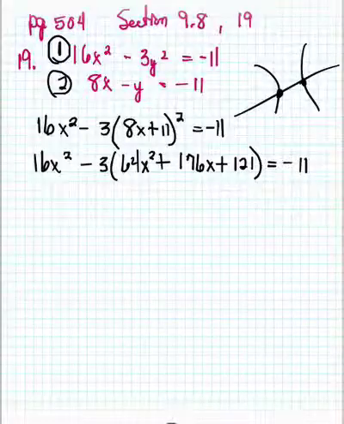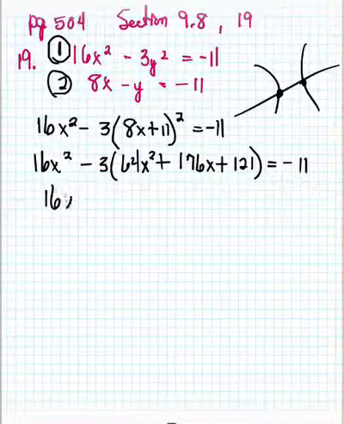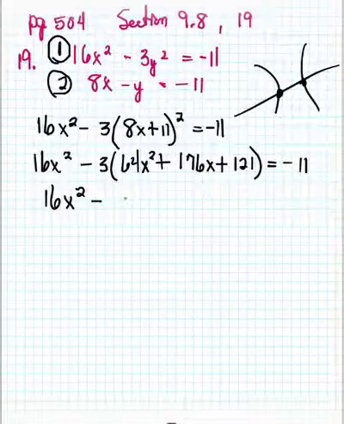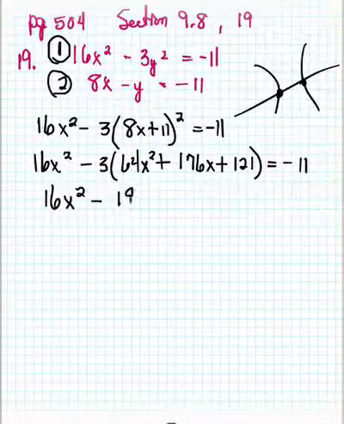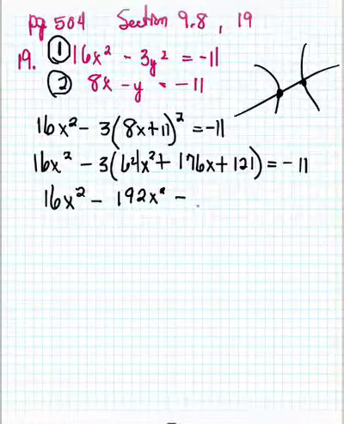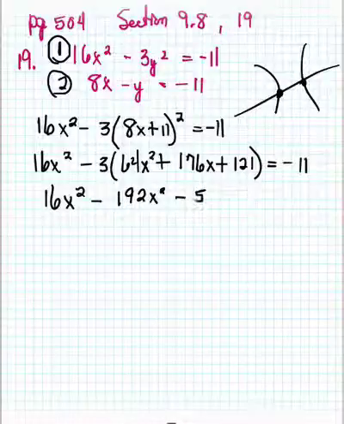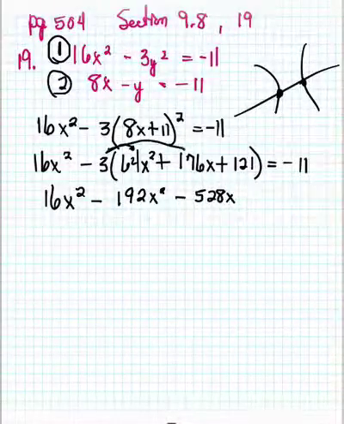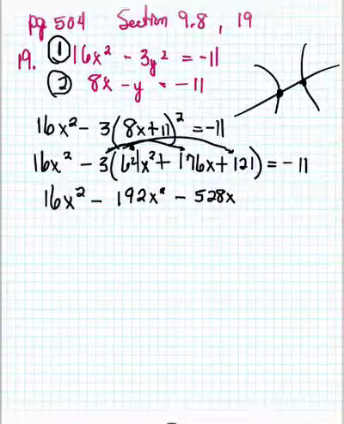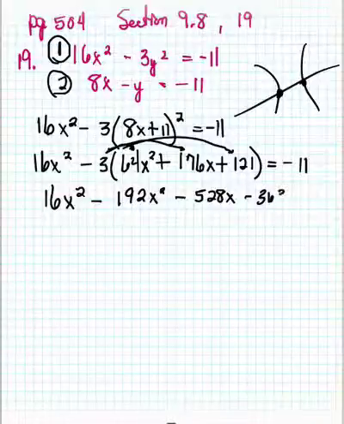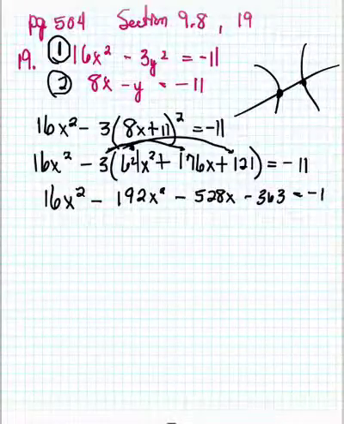All right, so this is going to become 16x squared minus 192x squared minus 528x, just distributing the 3 to all 3 terms. And then negative 3 times 121 is negative 363, equals negative 11.